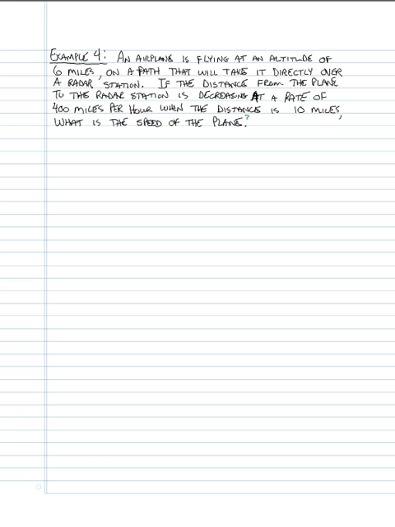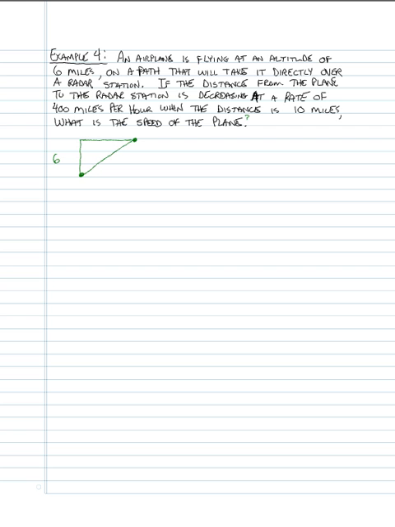So here's the idea. Here's the radar station, and say here's the plane, okay? And we'll say the plane is flying in this direction. We'll assume that plane is traveling at a constant rate of speed, at a constant altitude, so we know that altitude is 6 miles, okay?